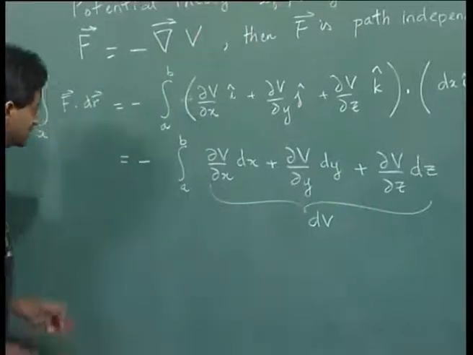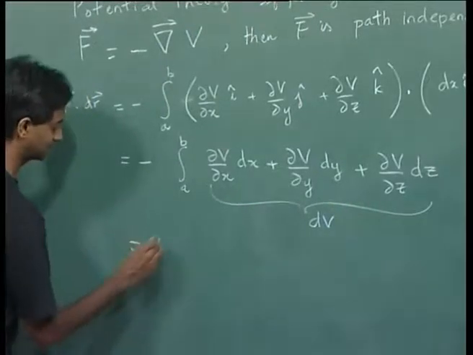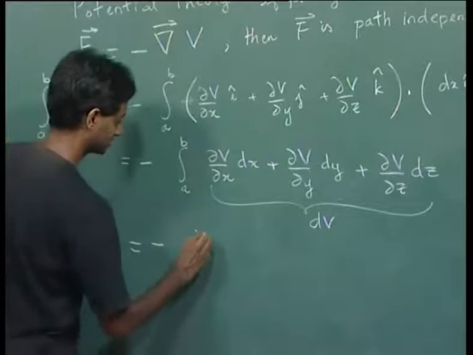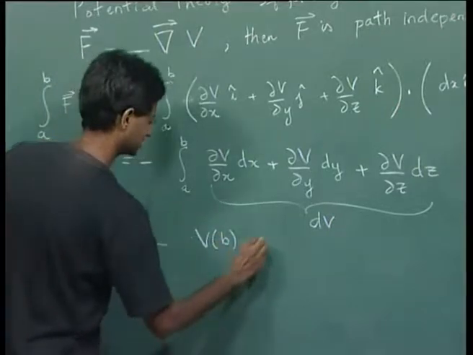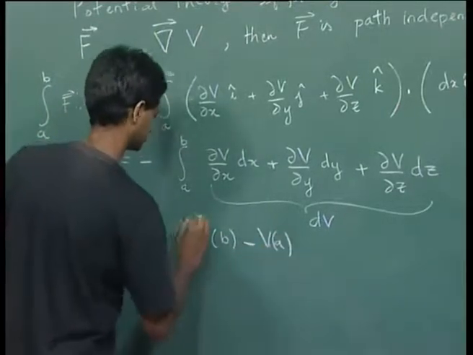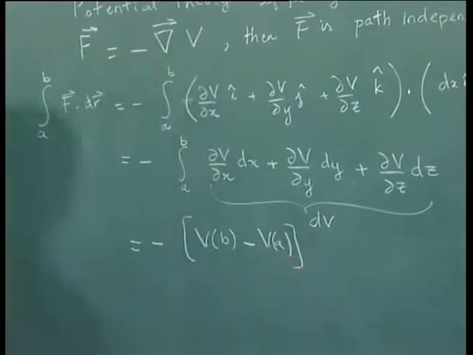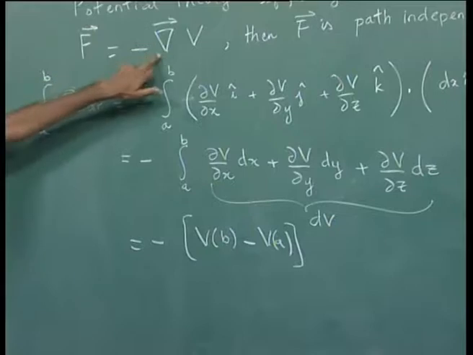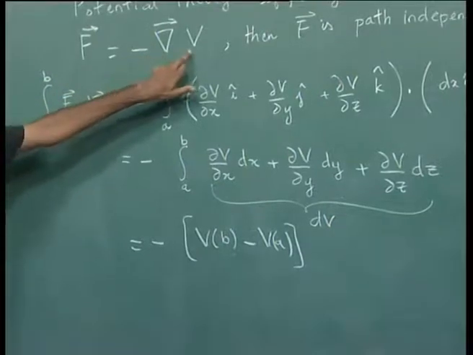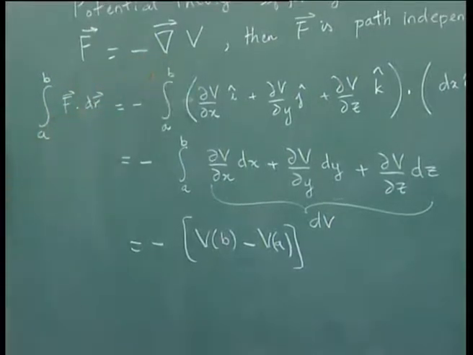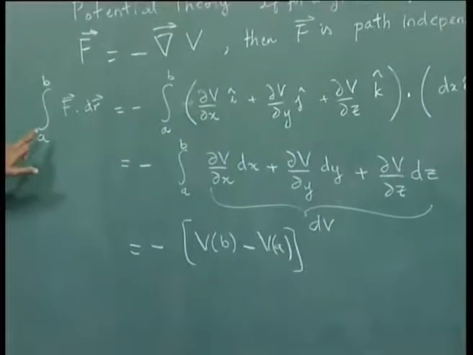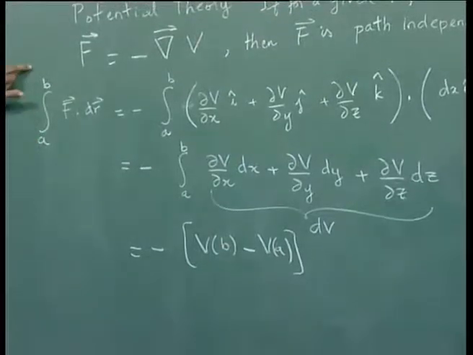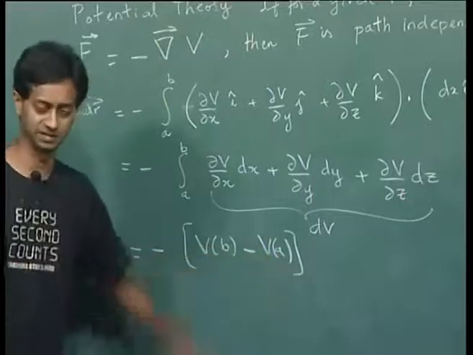So this whole thing is nothing but dV, and so the integral will just give you minus V of b minus V of a. So the point is that if your force can be expressed as a negative gradient of the potential, so if there exists a function V such that F equals minus grad V, then the total work done in going from a to b is just the difference in potential energy.